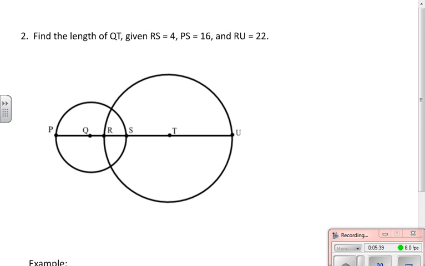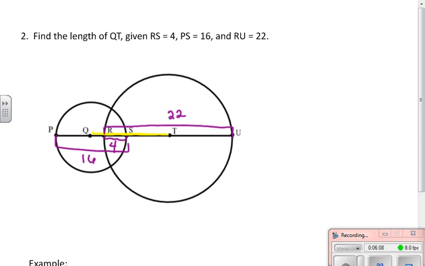Let's go ahead and try to find the length of QT, which is this odd little segment right here, given some different information. So let's go ahead and mark our picture that R to S, this little piece right here, is 4, P to S is 16, and R to U is 22.